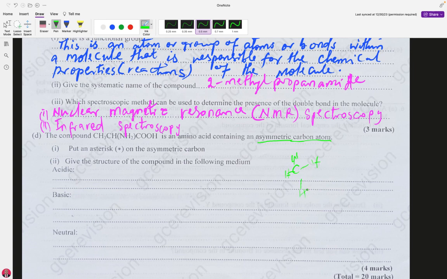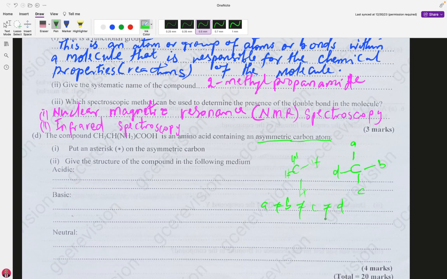If a carbon atom has another atom A, then atom B, an atom C, and an atom D, which are all different, say A is not equal to B, and B is not equal to C, and C is not equal to D, then that is an asymmetric carbon atom.